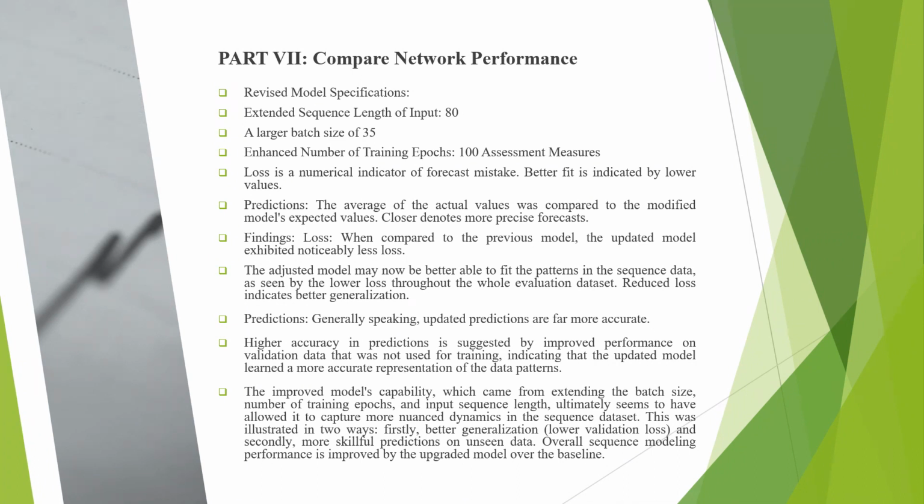Loss is the numerical indicator of forecast mistakes. Better fit is indicated by lower values. Predictions. The average of actual values was compared to the modified model's expected values. Closer denotes more precise forecasts.